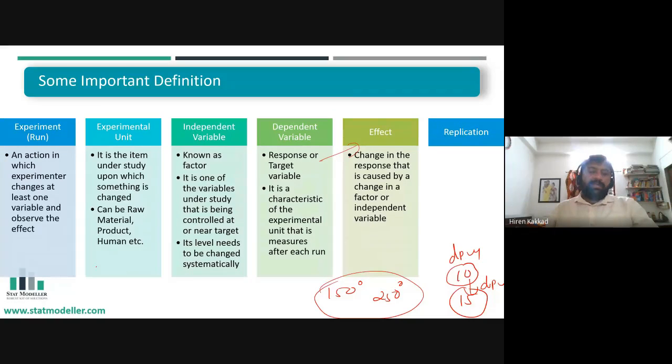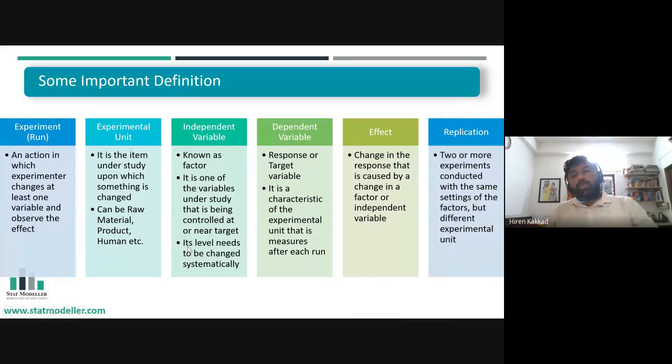Now, what do we mean by replication? Replication is two or more experiments conducted with the same setting. So in the first experiment, I had set the temperature as 150, the speed as 130, and the pressure as 180.